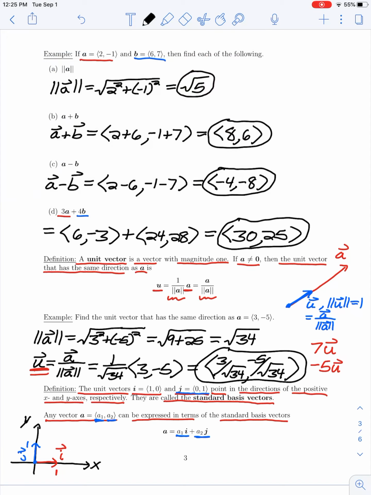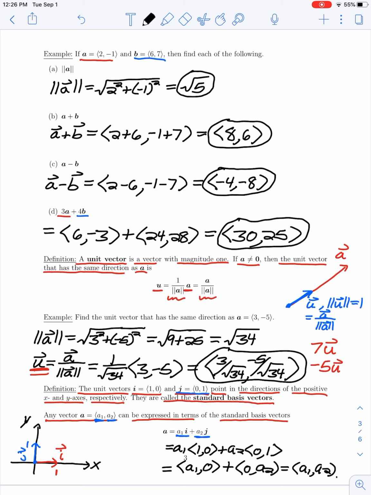And of course, we can verify that by thinking about how these things are defined. We would have a1 times i, which is 1, 0, plus a2 times j, which is 0, 1. So we have, for this first scalar product, a1, 0, plus for the second one, we have 0, a2, and so taking the sum, we have a1, a2.